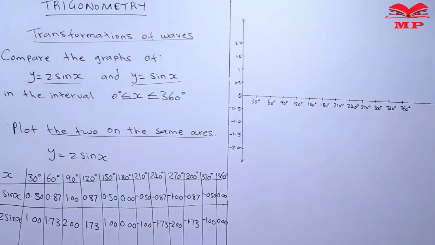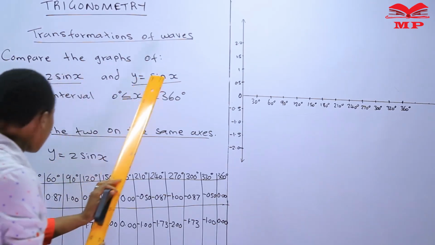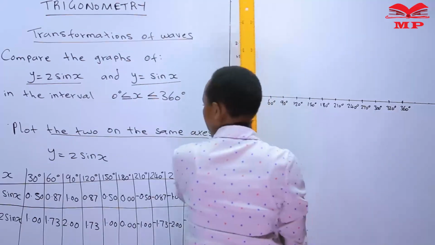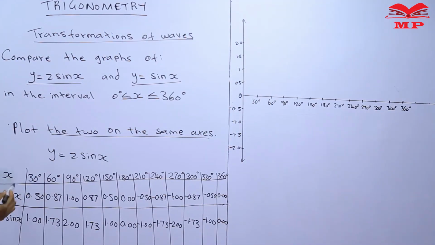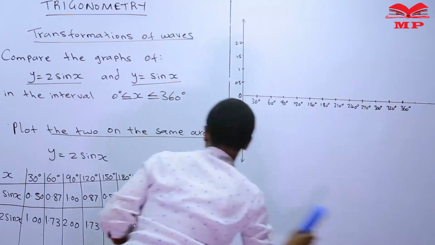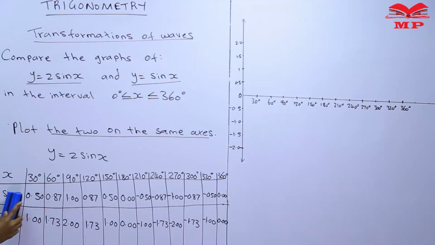Then now we need to plot those points. We can choose to start now with sine x, whereby we have 30 degrees, 0.5. We need to start with 0. We started at 30, so we need to start at 0, because it is from 0 to 360.